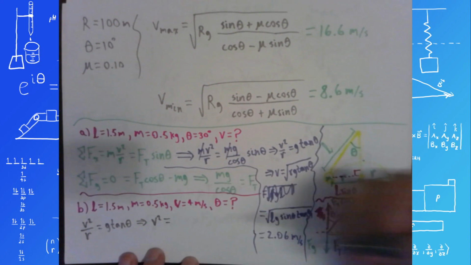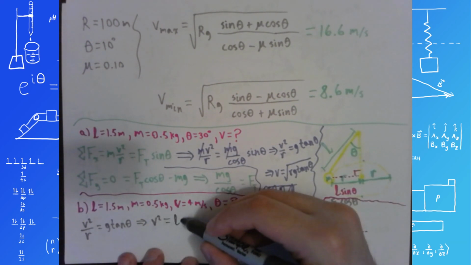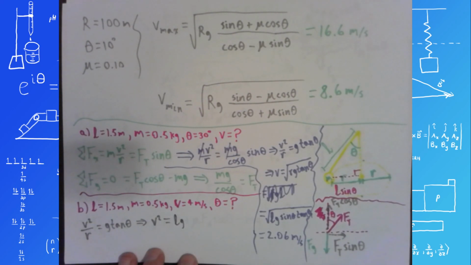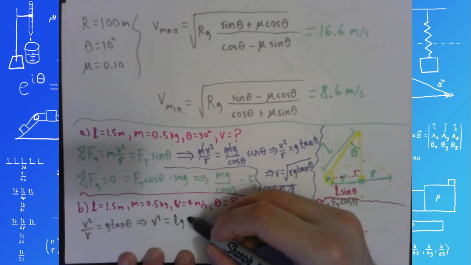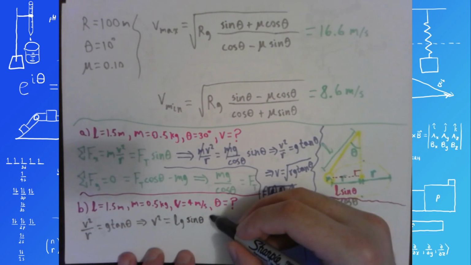So I can rewrite this as Lg times sine theta tan theta. And then what I want to do with that is actually rewrite the tan theta as sine theta over cosine theta.